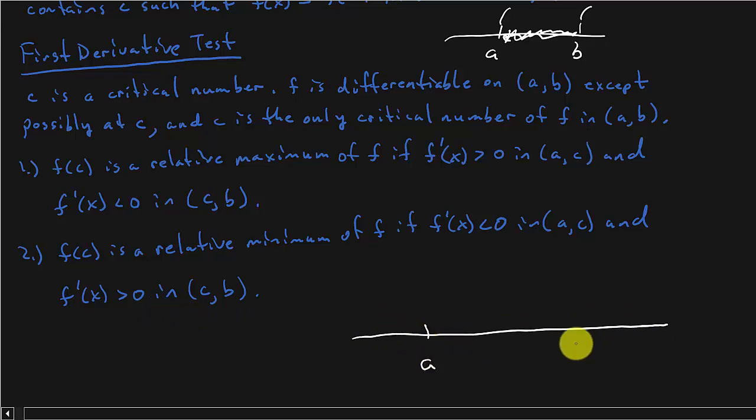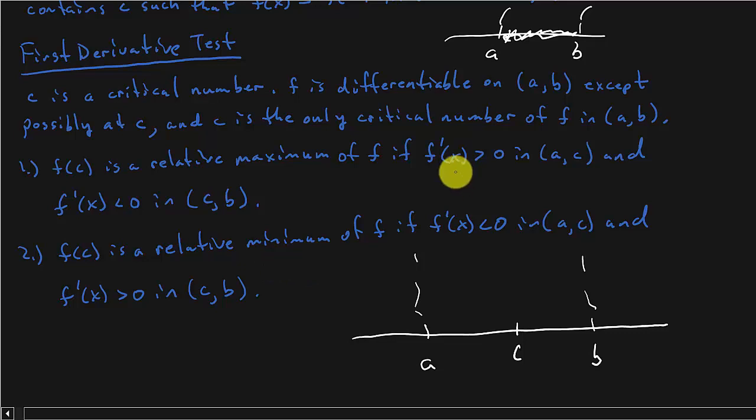So you've got a, you've got b, and you're just looking in this interval right here, and let's say you have some number in here, c. So what it's saying is, if the derivative, let's just look at the relative maximum, relative minimum would be similar.